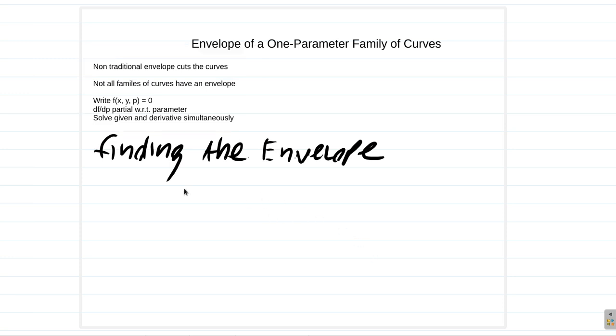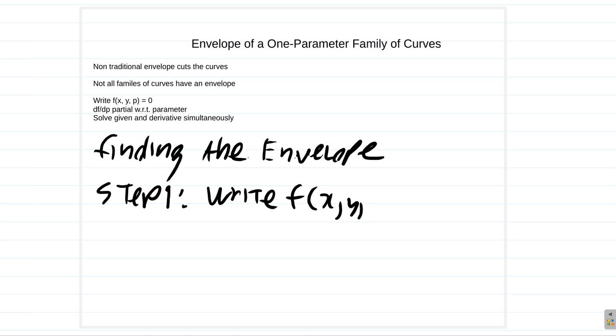Now, what are the steps that you should take in finding the envelope? Let us see. Step 1. What should you do? Write the function of x, y, that is, write the function of the variables and the parameter equals 0.